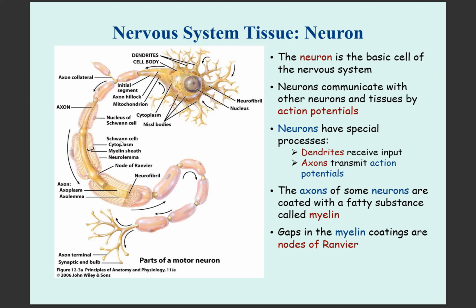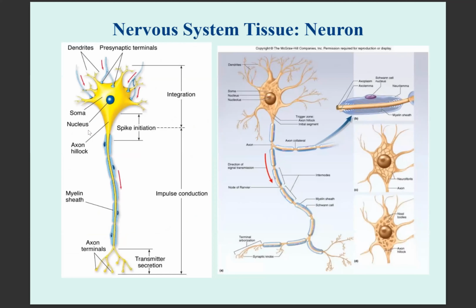The Schwann cell also has its own cytoplasm, and it forms something we call the myelin, which provides some form of insulation to the cell. Now, the space between the Schwann cells, where there is no myelination, is what we call the node of Ranvier.